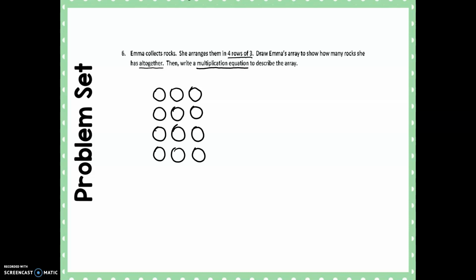Next we're going to do our skip counting. For this array, we're going to skip count by 3s. So we would have 3, 6, 9, 12. Now let's think about what our multiplication problem would be. We know we have 4 rows, so we are multiplying 4 times, we know we have 3 in each row.